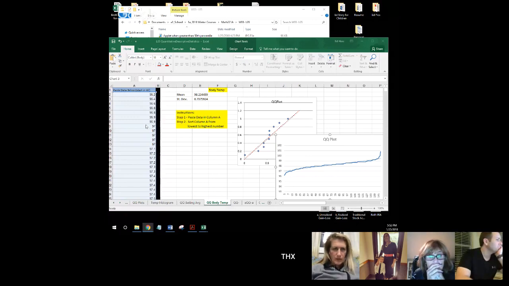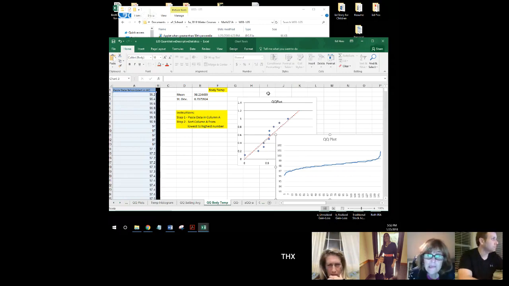Then we input all this data on the left, and then we sort it in ascending order. Part of the problem, no, this is totally good. You did it all right. The issue, okay, I'm getting old and blind, but you've got a secondary QQ plot. Is that one from the answer key, or where's that one coming from?